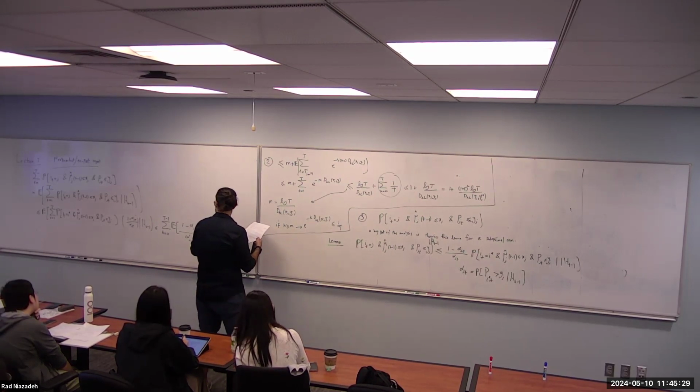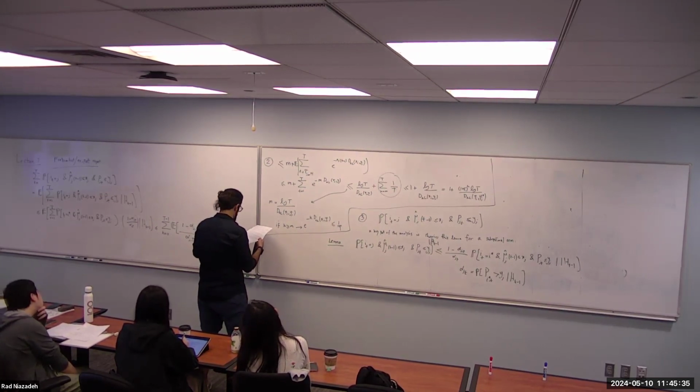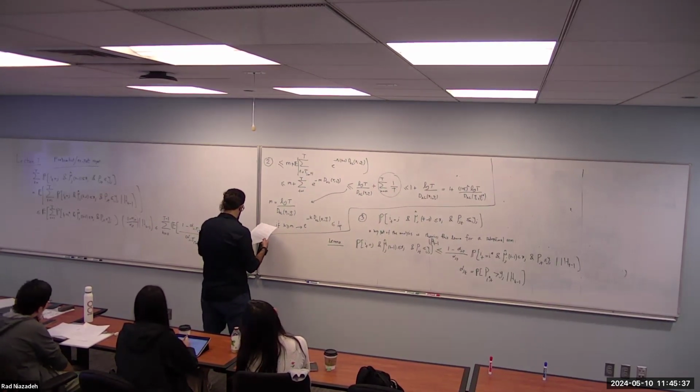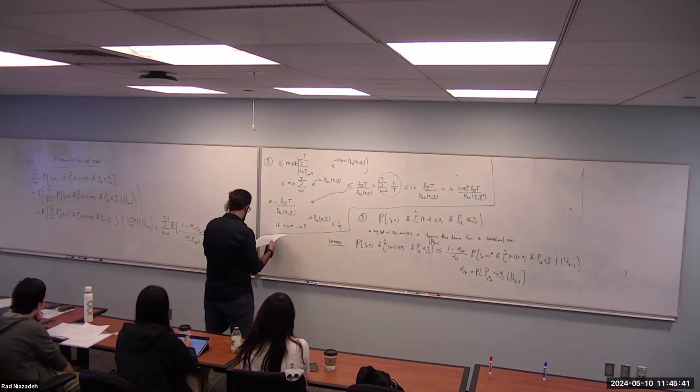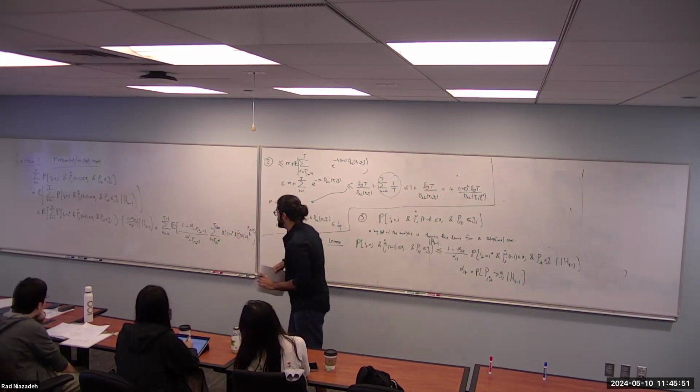And then I'm looking at the indicator that it is equal to I star, and mu hat j t minus 1 is smaller than xj, and pjt is smaller than yj. All right.